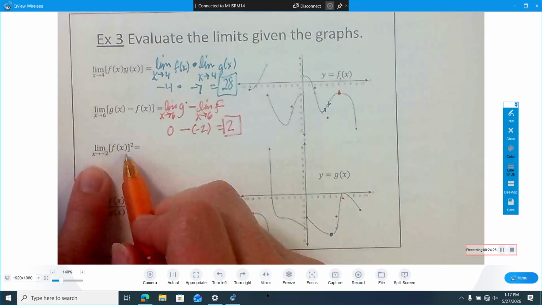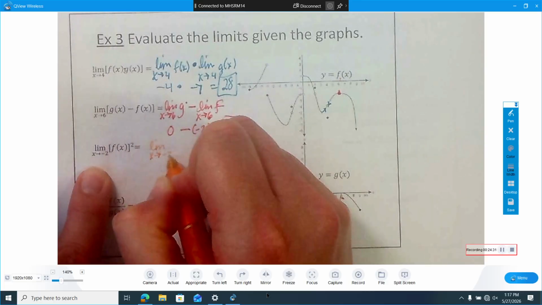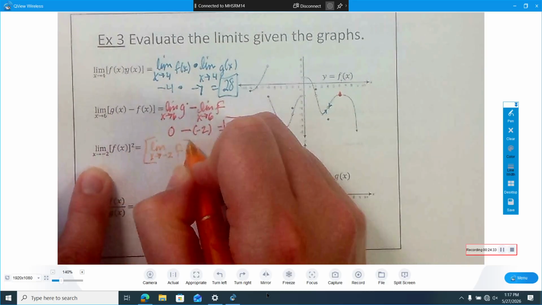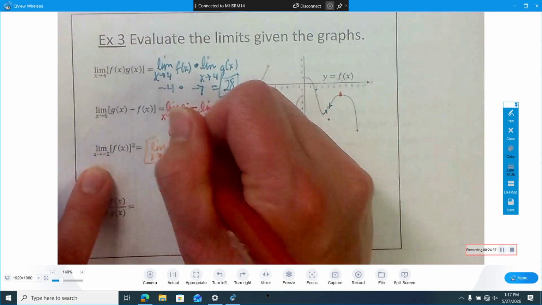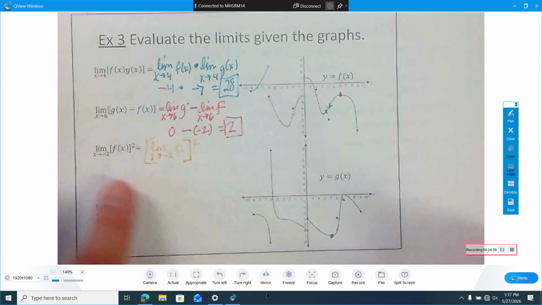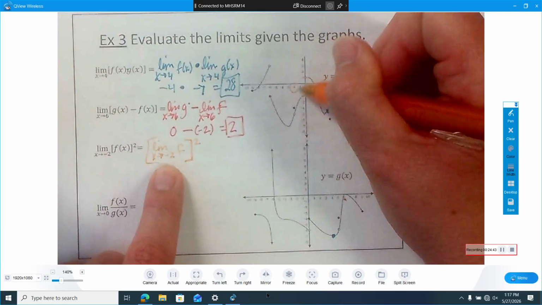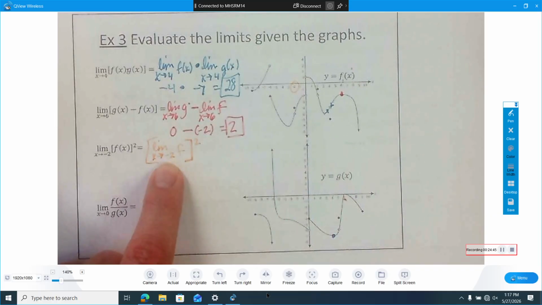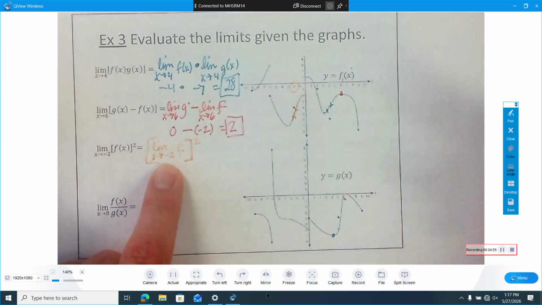All right, on this one we have a power. I want to just worry about the limit as x approaches -2 of f. We're going to find that first, and then I get to square the result. All right, so I'm going to look at the f function. -2 is right here. What is our output? -5. Yes, we're getting close to -5.